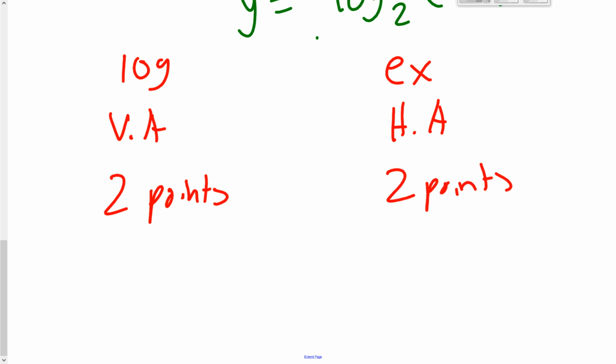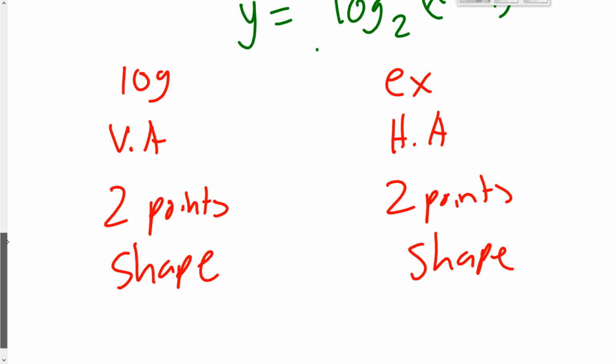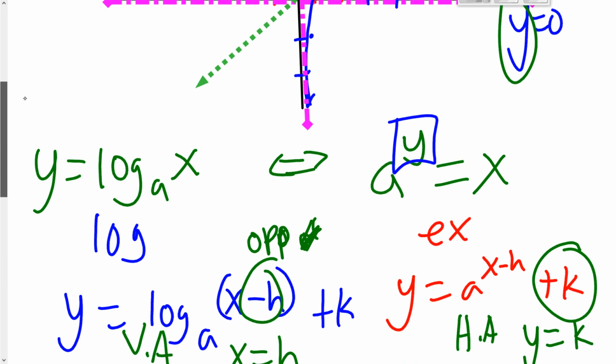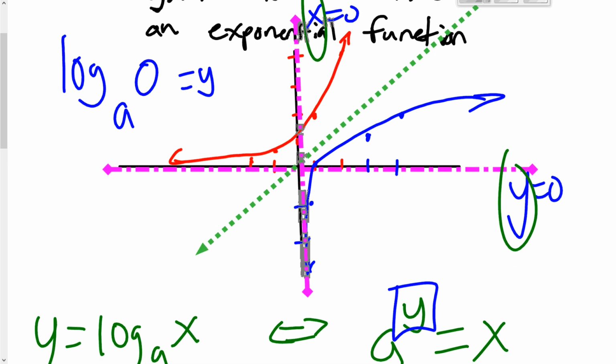After that, make sure when you connect the points that you have the shape of a log, like the one above. And if it's an exponential, you have the shape of that exponential. These shapes are in that same kind of form.